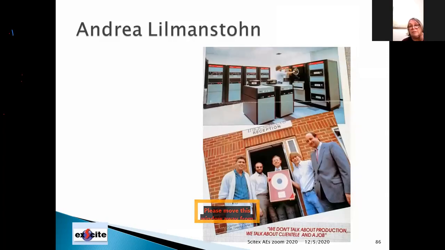So this is from 1980, was it 84? When the UK office was moved to a new place in London, and Jeremy was there, one of the service engineers. So that's all I know about this.